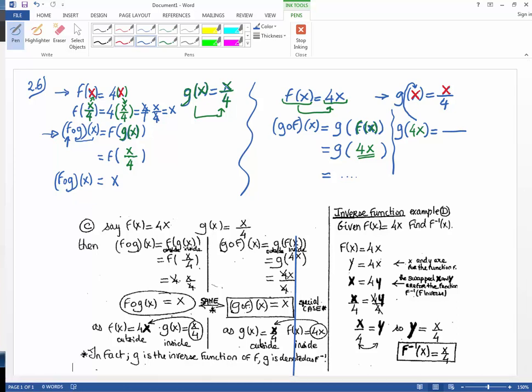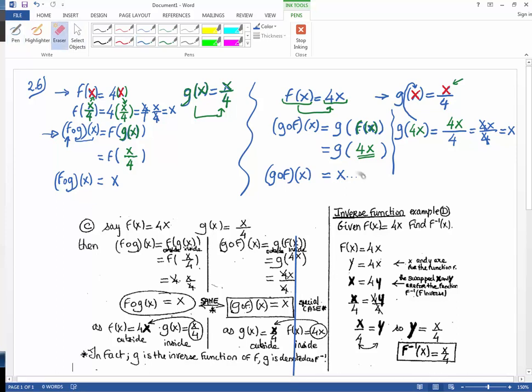So I'll have a quotient where instead of the red x on top, I'm going to put a 4x on top, and that's divided by 4 below. So what do we do then? We need to clean that up, which is not much of a cleanup. Over here, divide by 4 and you get x. So g evaluated at 4x is going to just be x. So that's how much g composed with f of x turns out to be.